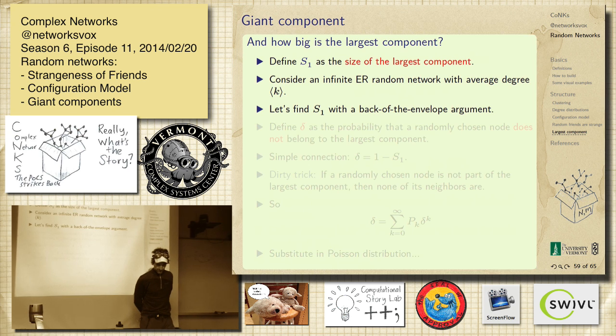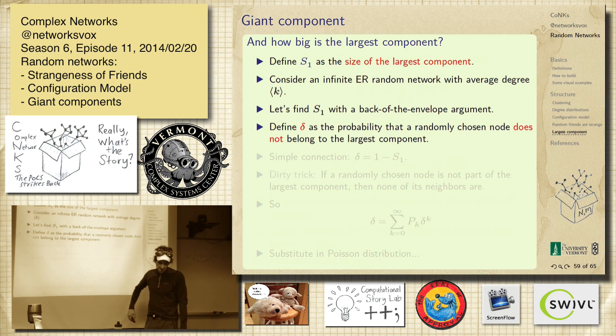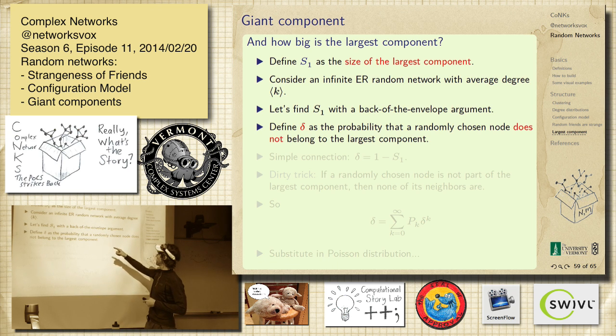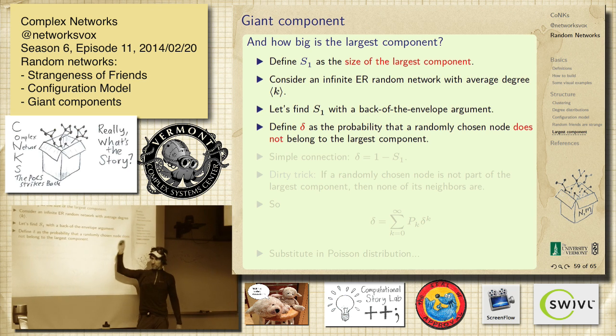Okay, so let's just do pure random networks. And we'll do something sneaky, and we'll get it all wrong. This is why we'll need to go to other methods. So, back of the envelope. Delta is going to be the probability that a randomly chosen node does not belong to the largest component. You've got your network, and you choose a node; delta is the probability that it's not in the giant component.